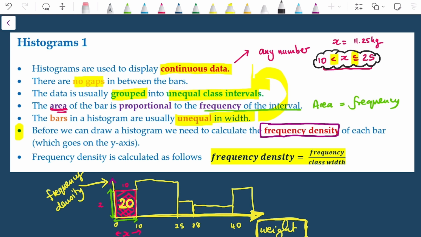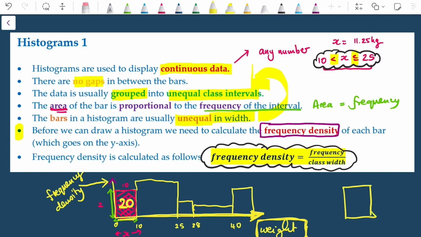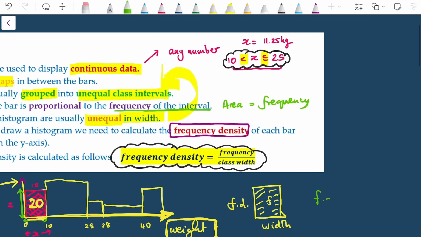And here is the formula for calculating the frequency density. In a way, you will know that already, because if I have my class width, the width of the bar, multiplied by the frequency density, I get the area of the bar. And remember, we said the area is just the total frequency, which means if I rearrange that, frequency density is frequency divided by the class width, CW.